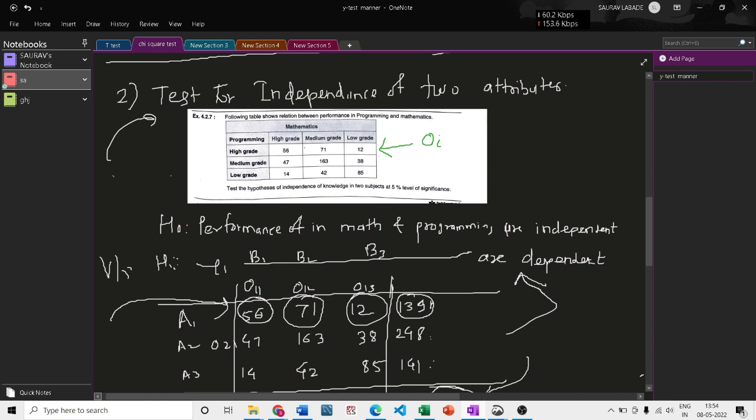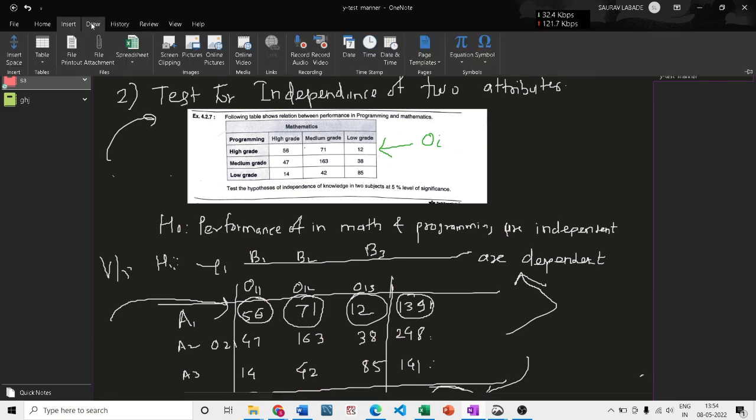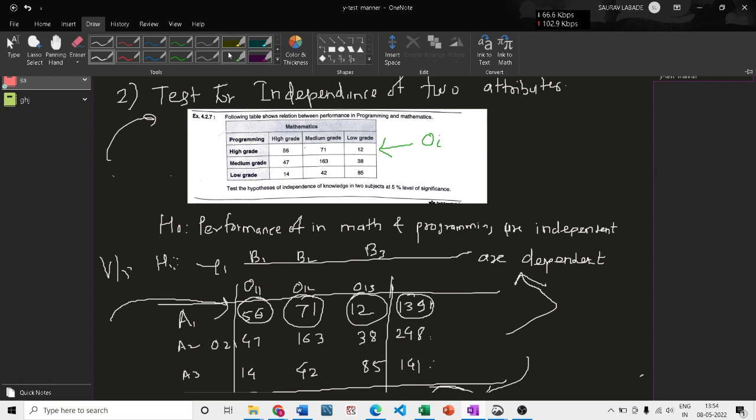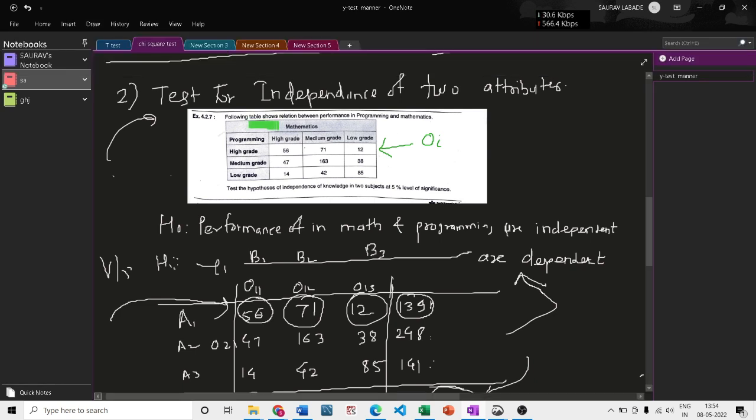That means the performance of mathematics and performance of programming are dependent. Okay, so the alternate hypothesis will be true. Okay, so this is all about the test for the independence of two attributes.